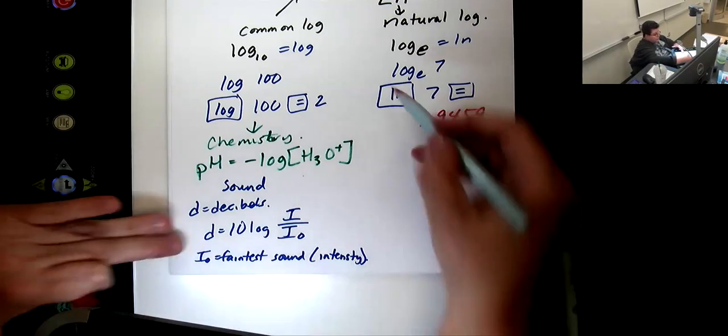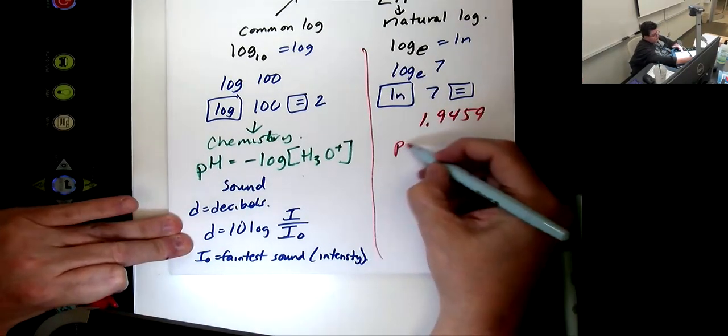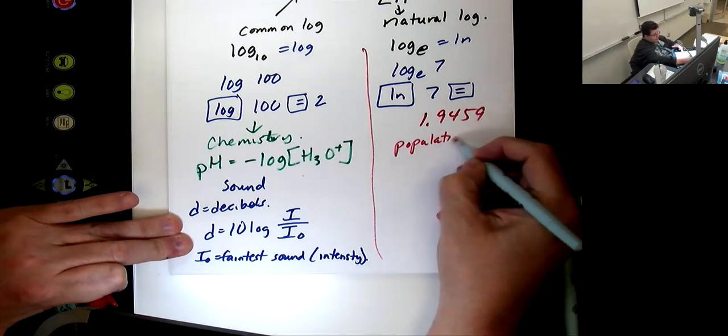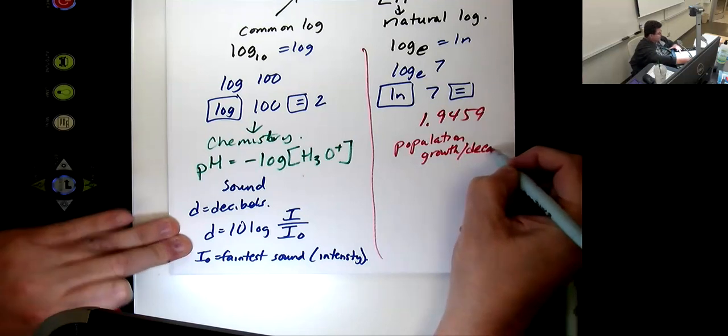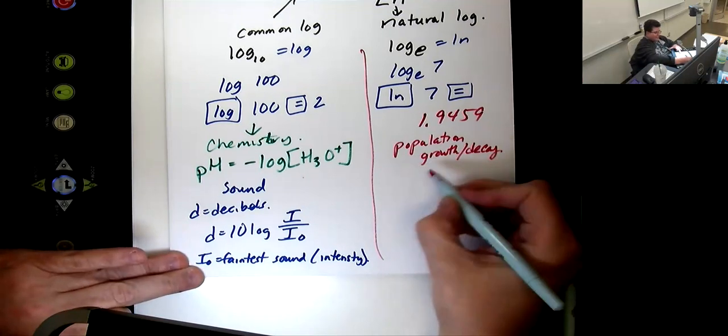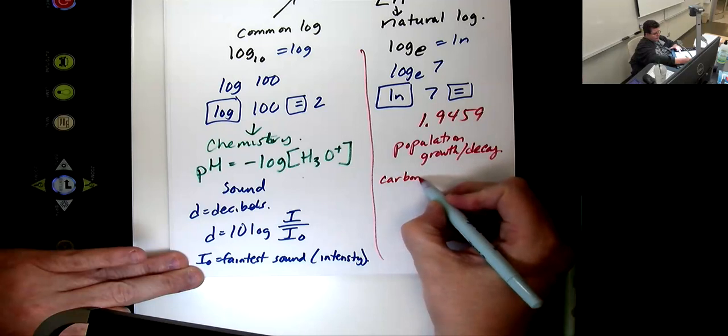Log base E shows up in population growth and decay models, carbon dating, radioactive decay.